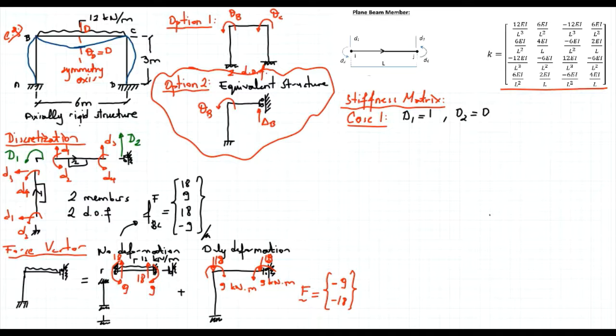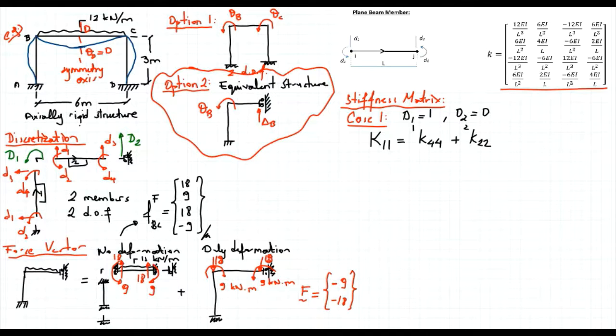I'm saying that K11 is equal to K44 from the first member plus, let's try to figure out the contribution or the resistance coming from the second member to unit rotation. So it means that the second degree of freedom must be equal to 1. How much force do I need? It's D2, so I'll be looking at K22. So plus K22 coming from the second member.